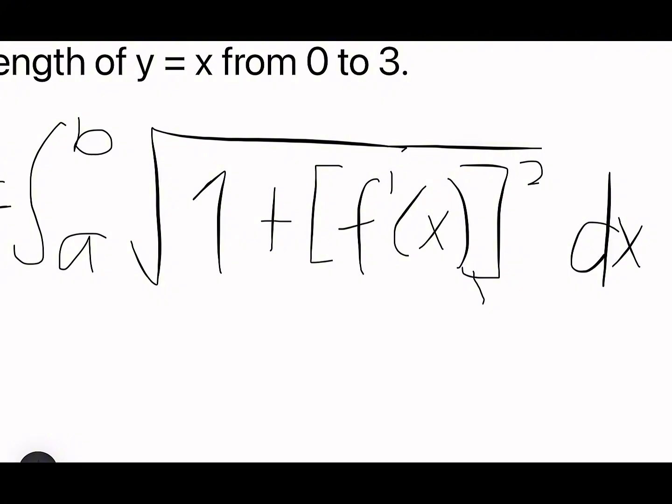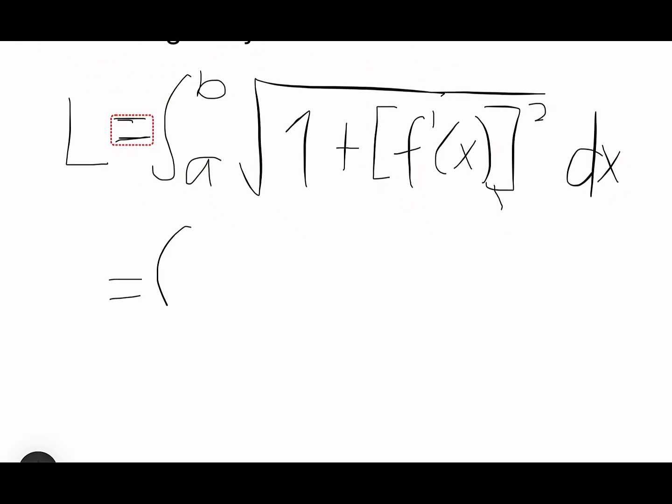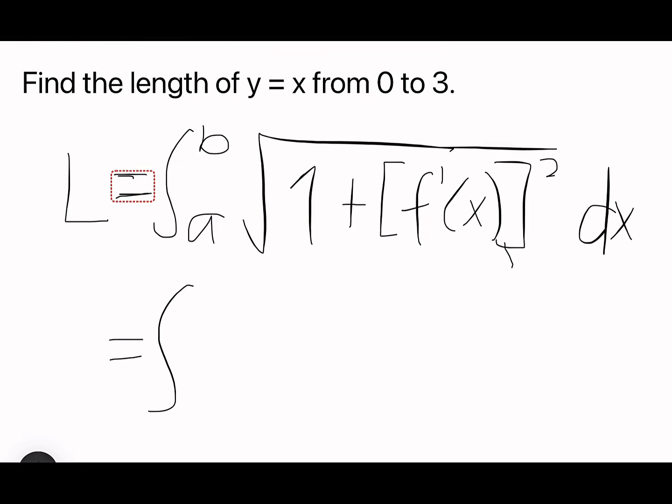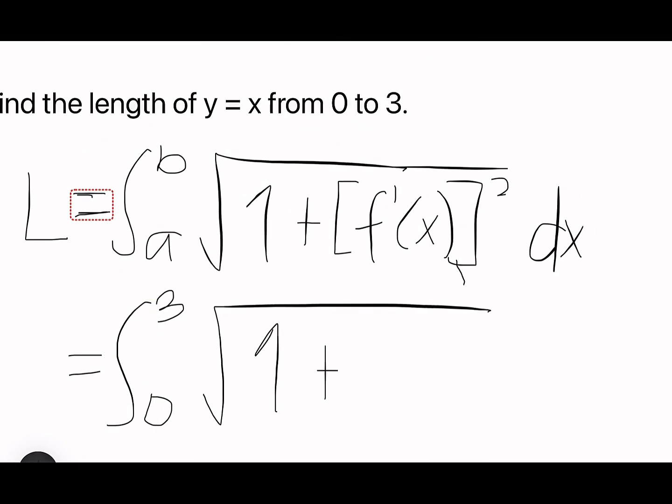Next we need to substitute the values from our problem. The integral is from 0, since a equals 0 and b equals 3, then copy the 1 plus the derivative of x, which is 1, so it's going to be 1 squared dx.